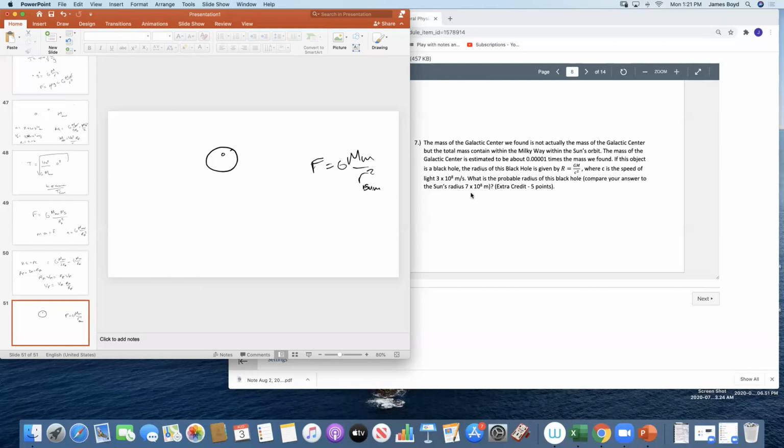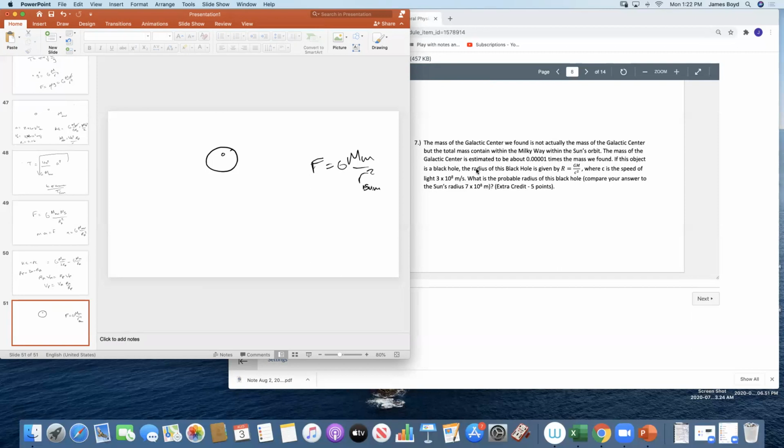And so this is finding what the radius of a black hole would have to be with that same mass in order for you to be moving at the speed of light due to it. It's a weird problem.